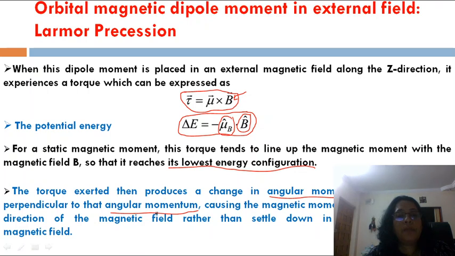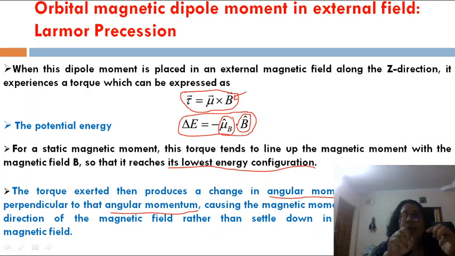Another component is perpendicular, that will change the angular momentum, causing the magnetic moment to precess around the direction of the magnetic field rather than settle down in the direction of the magnetic field.